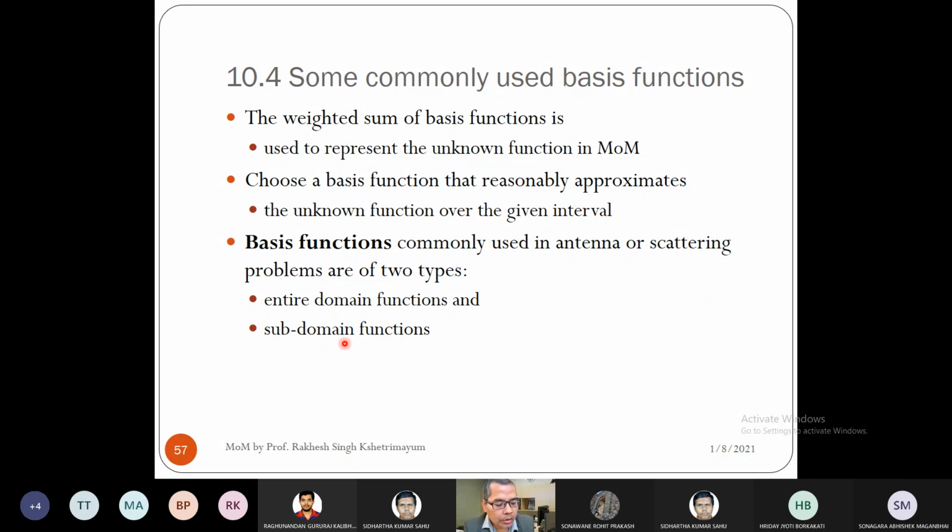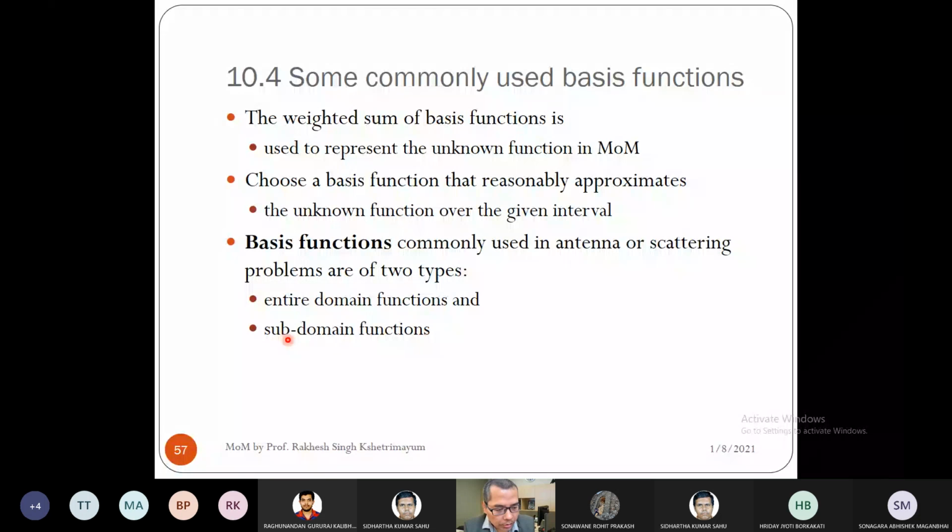Entire domain means over the whole wire I assume one function and find the unknown function using MoM. For a subdomain, I subsection the entire wire into small subsections like we have done just now, and assume every small subsection is represented by one pulse function. So this is a subdomain basis function.